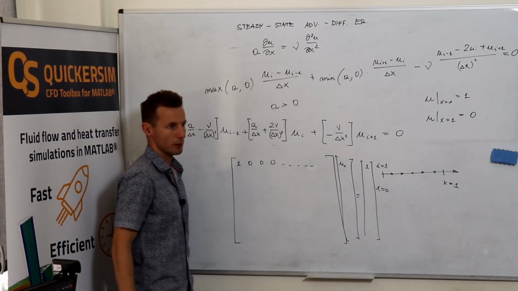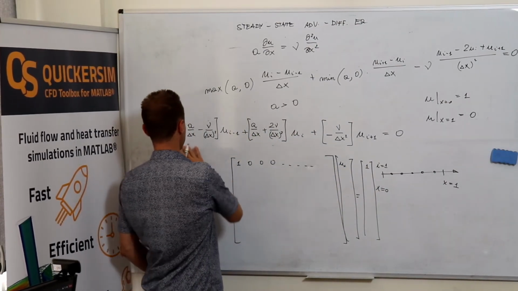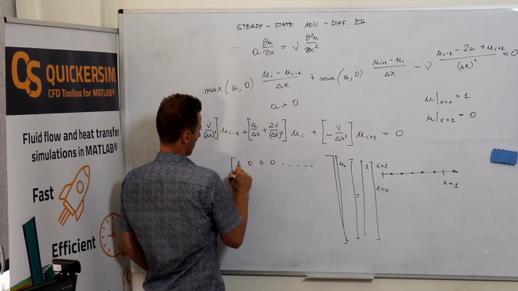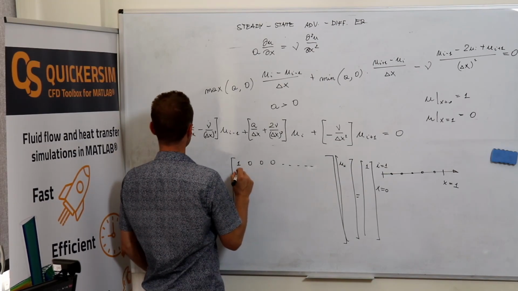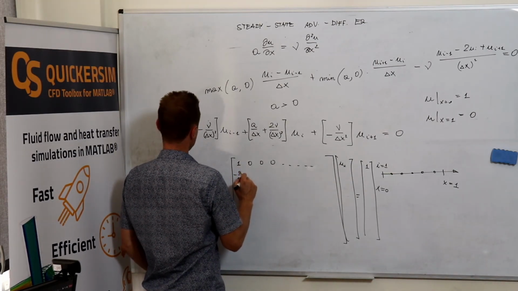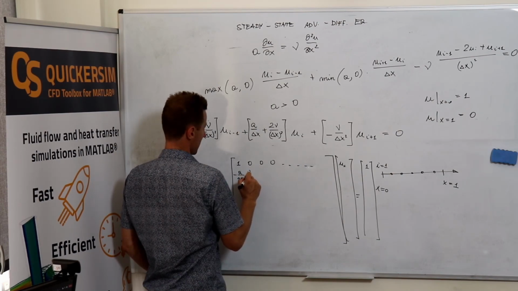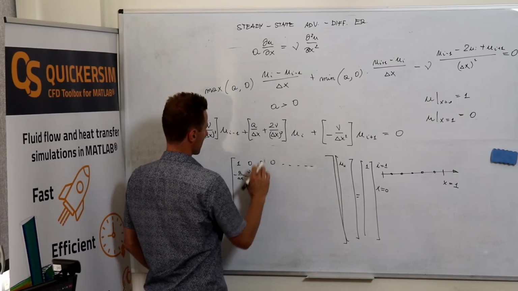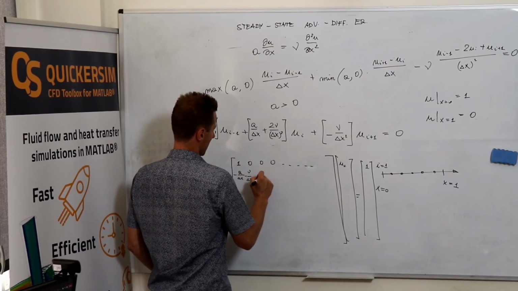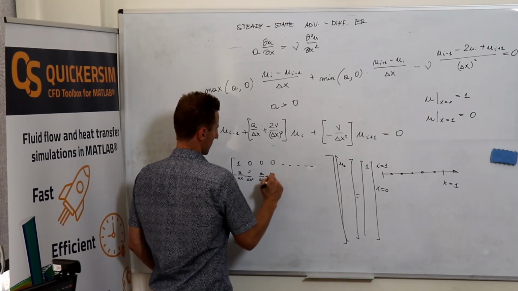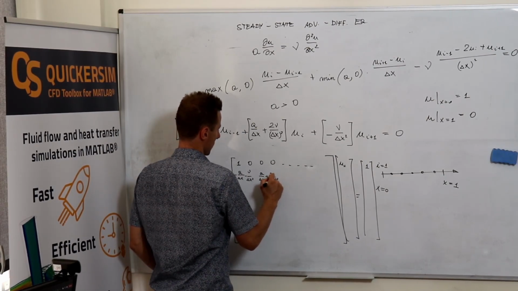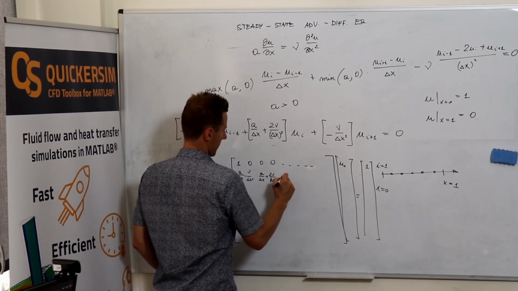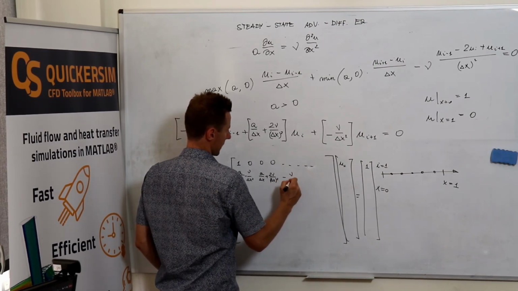And that's our boundary condition. And right now, this would be minus a divided by delta x, divided by delta x squared. The second one would be a divided by delta x plus 2 divided by delta x squared, minus ni divided by delta x squared.